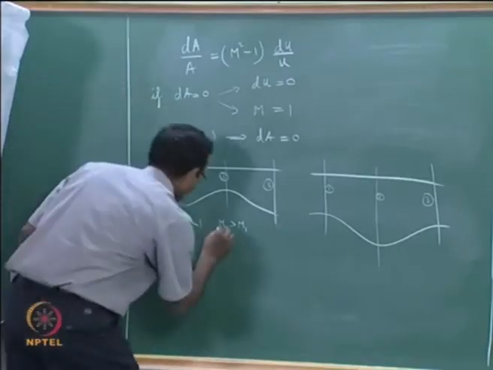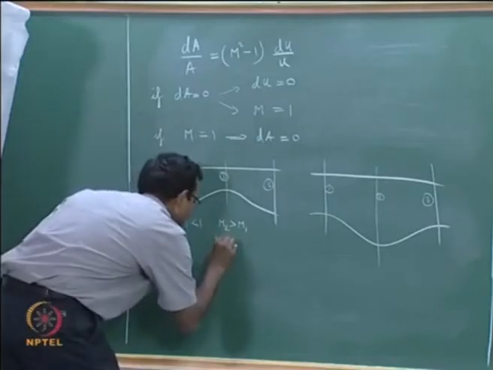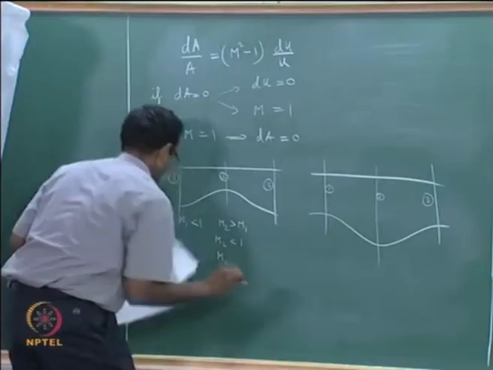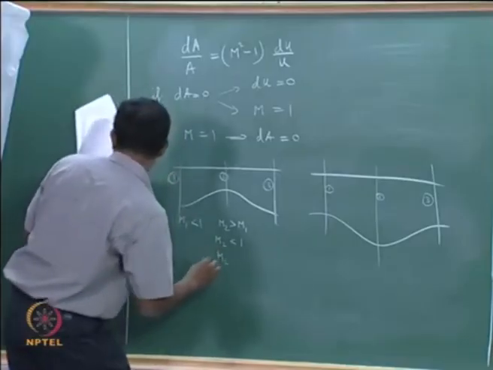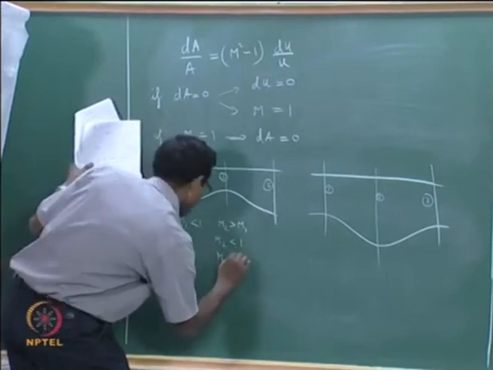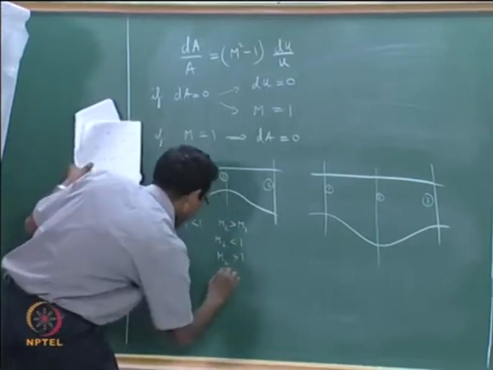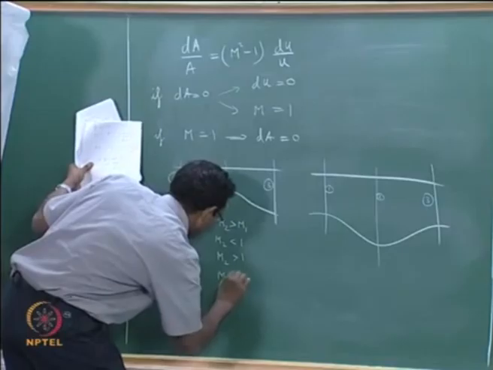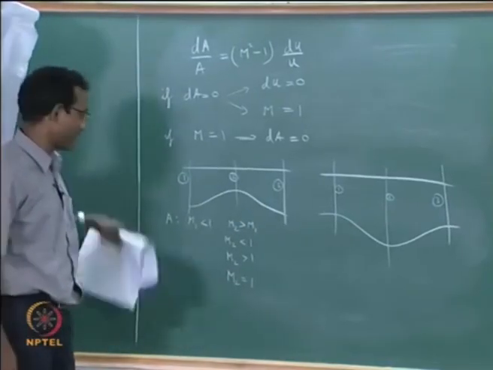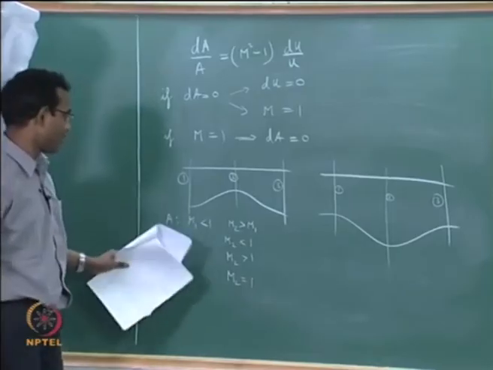Okay. I could have two cases, so I will say M2 less than 1, and I can also have a case where M2 greater than 1, I can have a case M2 equal to 1, I can have different cases like this. Okay. Something must go wrong in this.